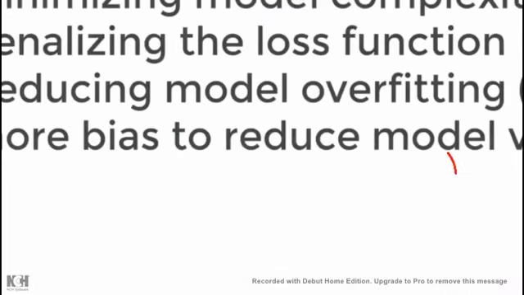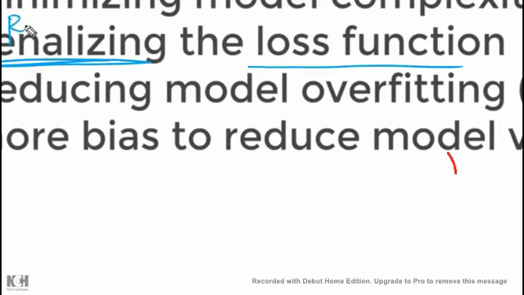Is that clear? Now in regularization, we are going to minimize the loss function. Loss function means for every record, we are trying to reduce the error. If we start reducing the error for each record, automatically the overall error also will be reduced. We are trying to reduce the loss function, but penalizing means reducing.